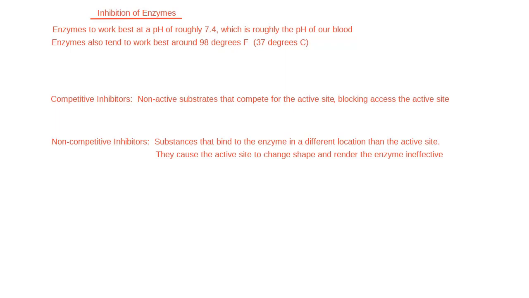So for example, let's say you had an enzyme that looked like this. It was designed to fit something that was shaped like that. But it also had a little attachment right there for the inhibitor to bind. The active site would be right here, but a non-competitive inhibitor could distort the active site by binding here.